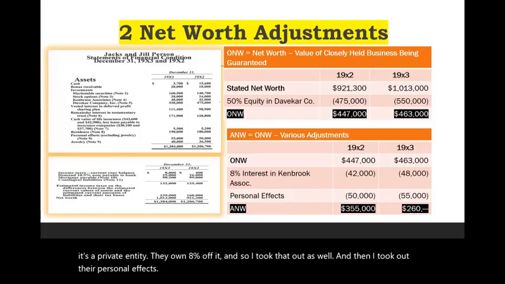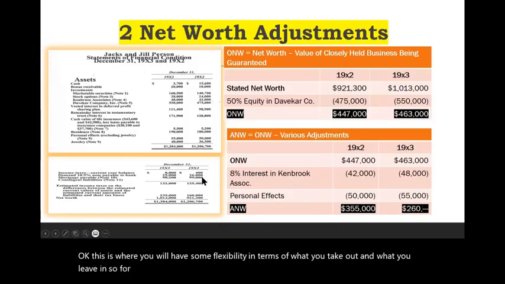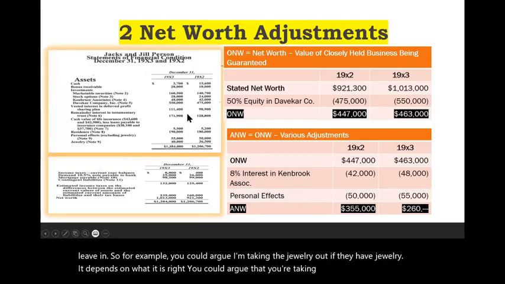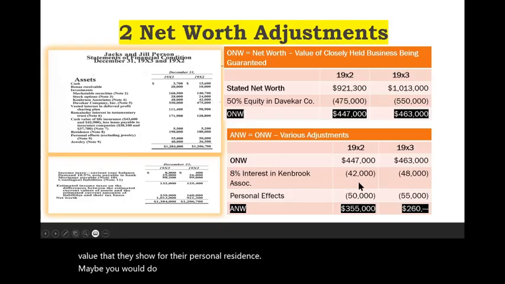This is where you will have some flexibility in terms of what you take out and what you leave in. For example, you could argue, I'm taking the jewelry out if they have jewelry. Well, it depends on what it is, right? You could argue that you're taking out a percentage of the value that they show for their personal residence, maybe if there is no appraisal.